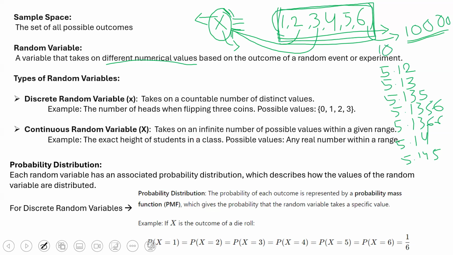Even if you're doing this 1 lakh times, it doesn't actually matter. Any number of times that you do, the outcome will always be out of this particular set, right? But here, you just calculated the heights of 7 students.